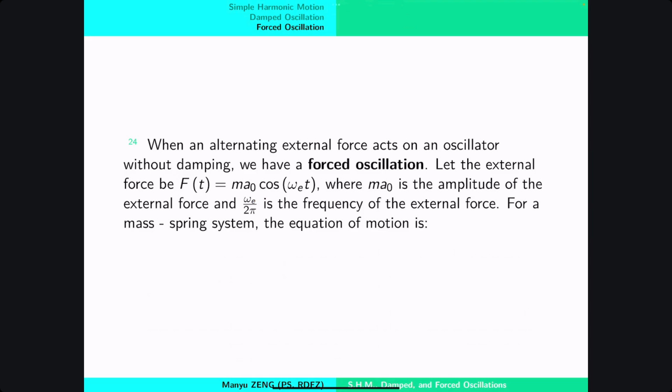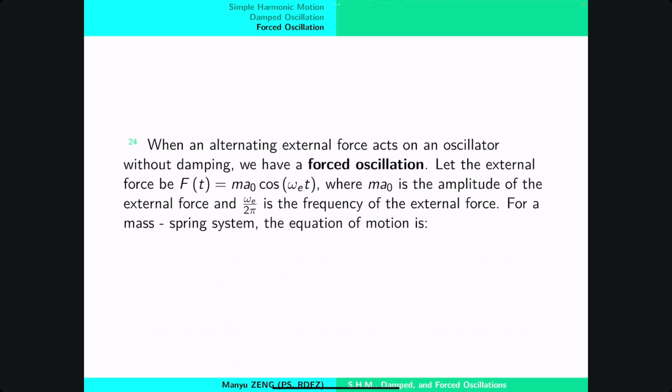Actually, the factor before t, divided by 2 pi, is always the frequency of something that it represents. We write e on the sub-index for external, right?